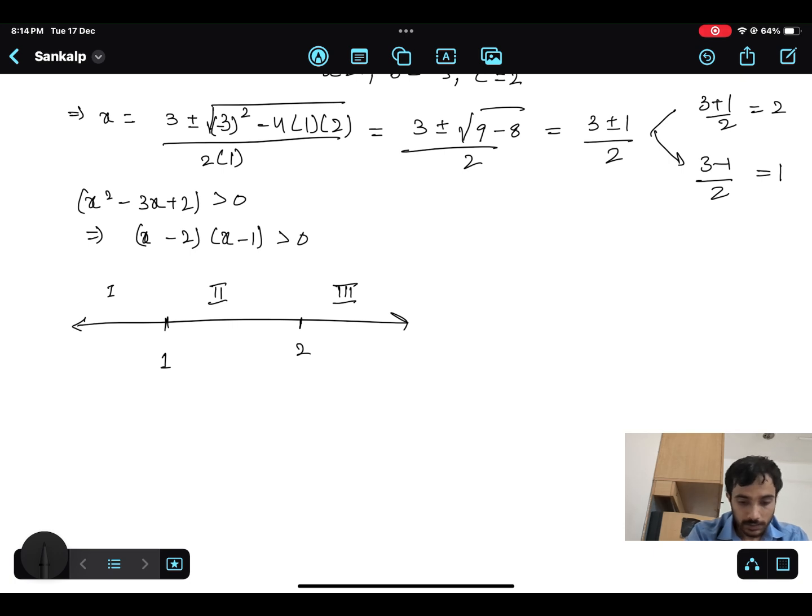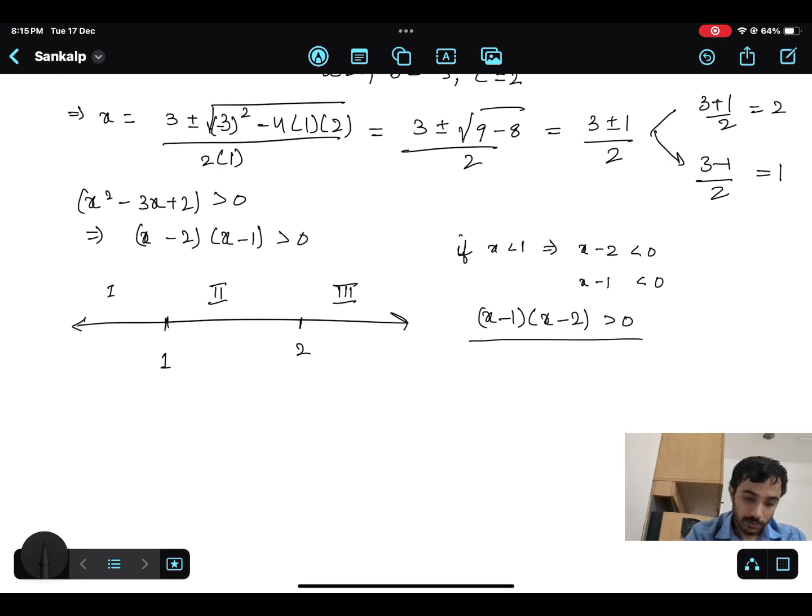If x is less than 1, then x minus 2 will be a negative value and x minus 1 will also be a negative value. So if we multiply x minus 1 into x minus 2, if both values are negative, then the overall expression will be positive. So region 1 satisfies our required expression. So x lies in region 1.